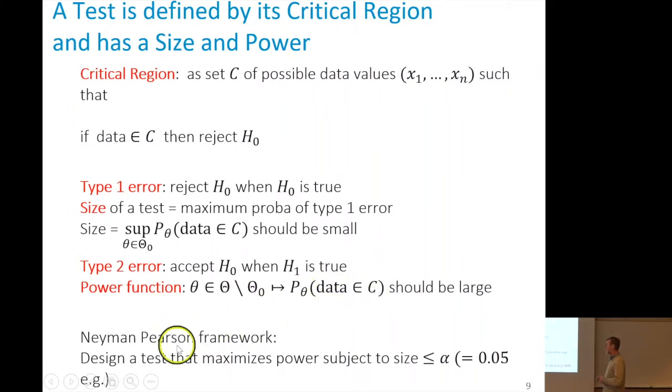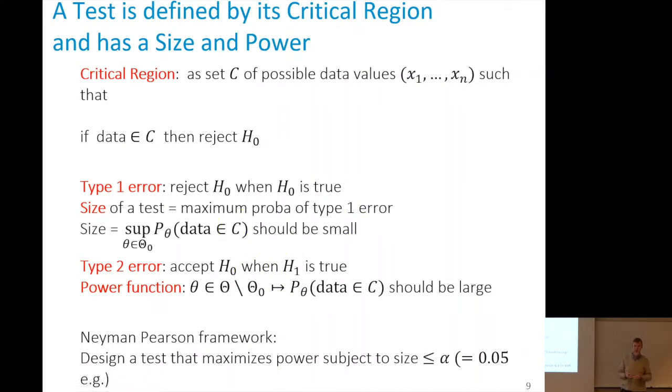All the tests that we will do satisfy, exactly or asymptotically, the property that they are optimal in the sense that, among all the tests that satisfy a constraint, of course we have two criteria to optimize.